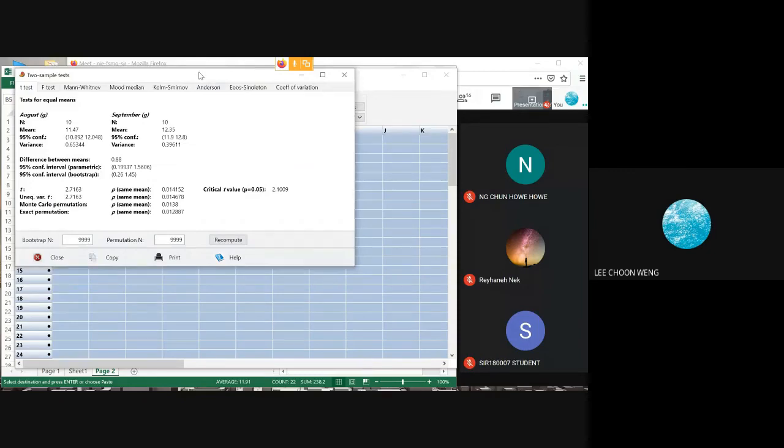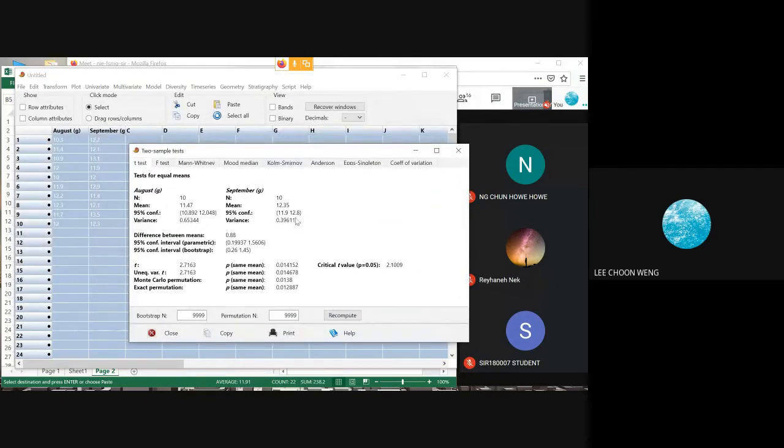Okay. Can you see this window? Yeah. Okay. So the t-test shows your n, your mean for August and September. Okay. Then the variance. The difference between the means is 0.88. Then this is the t-stat, 2.71.